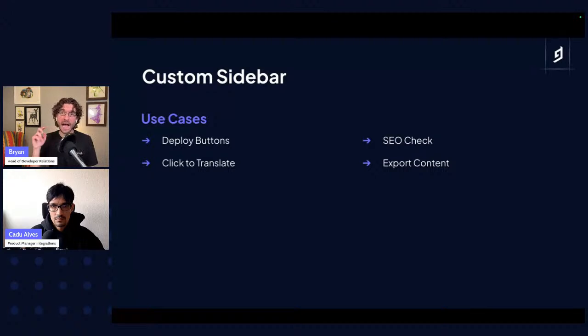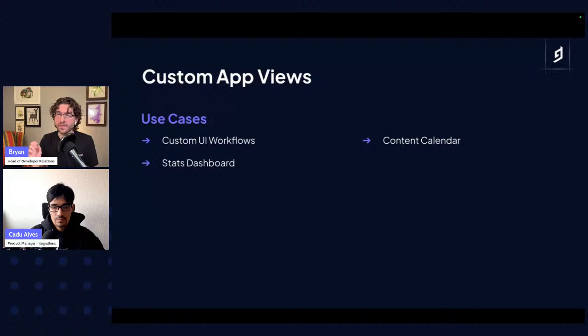And speaking of that, we have the fields, we have the sidebar elements, but we also have this full takeover that you can do called the new app views, right? The sidebar and the fields had some of this functionality in the UI extensions. App views is completely new, right? Yeah, the app view is completely new. It was one of the lacking features in UI extensions.